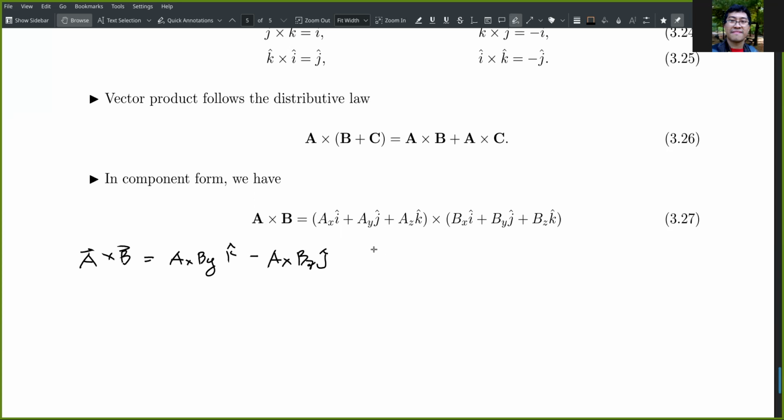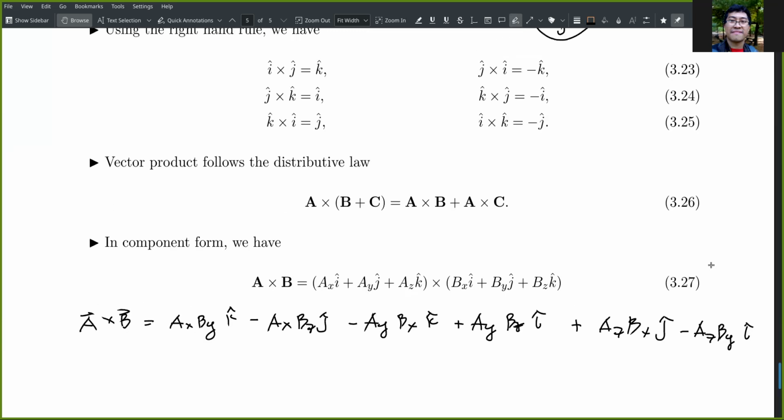AYJ cross BX, that's negative AY BXK. AYJ BYJ is 0. AYJ BZK, that's positive AY BZI. Plus you have AZK BXI, that would be AZ BXJ. AZK BY, that would be negative AZ BY, so J or KJ, that's I. AZK BZK, that's 0.